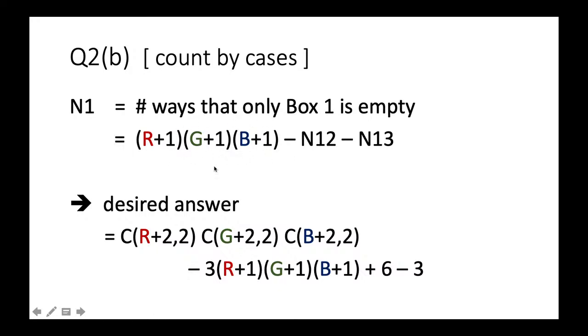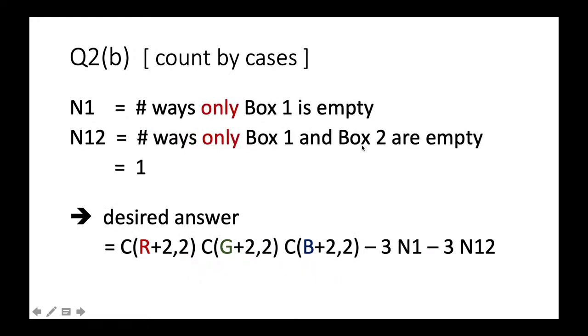And this is overcounting a little bit. We have overcounted the case where it is not only box 1 that is empty, but there may be another empty box. So we should minus n12, and we should also minus n13, because these two cases are counted here but should not be. So n1 is (r plus 1)(g plus 1)(b plus 1) minus 2. Is that okay?